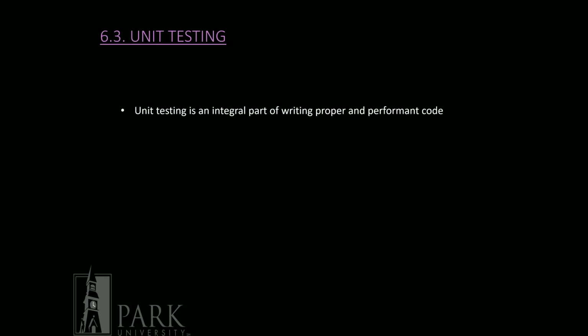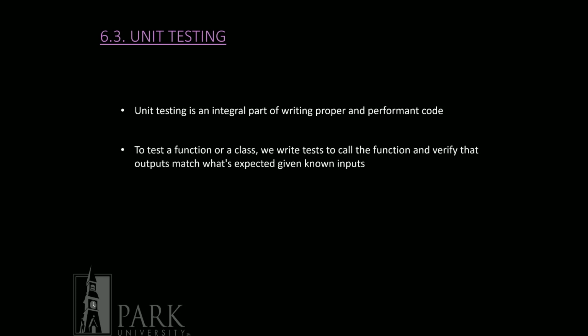The basics of what we're doing is we're going to write a test that calls the function given certain inputs when we know what the expected outputs are going to be. So for example, if we write a function that adds two numbers together, say we give it 2 plus 2, and we test that the function returns 4.